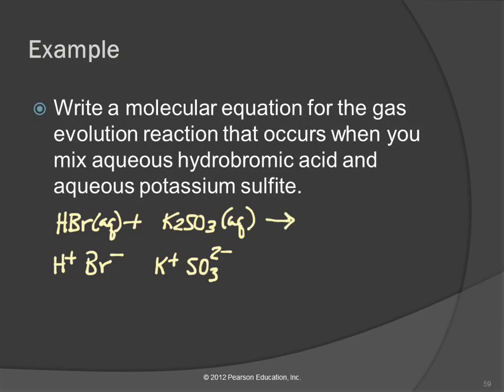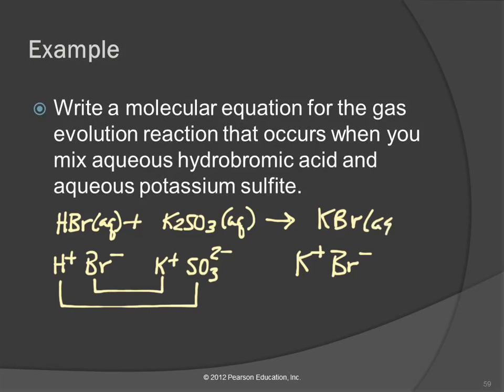We predict the products by swapping partners. So we'll put potassium and bromide together. That'll get us KBr. If we look that up in the table, we find that that is soluble. And our other product is H+ and SO3 2-. So that's H2SO3.